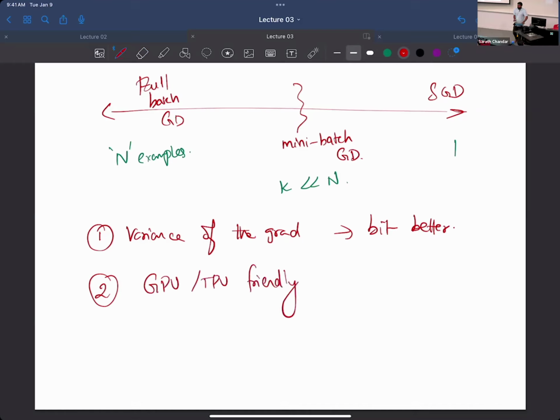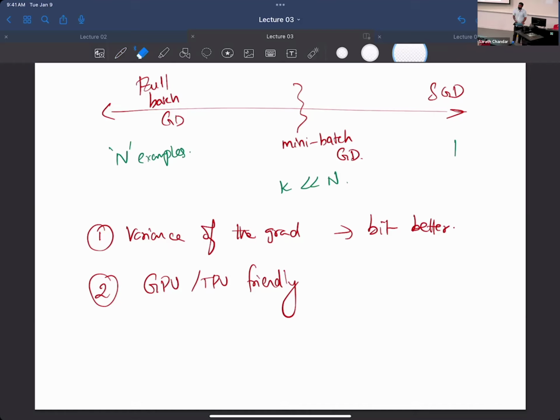Which means you can train your models with GPUs or TPUs, which is going to be much faster than training them using CPUs. Is that clear? Because when you do mini batch gradient descent, everything becomes matrix multiplication or matrix vector multiplication, which is what GPUs and TPUs are good at doing.